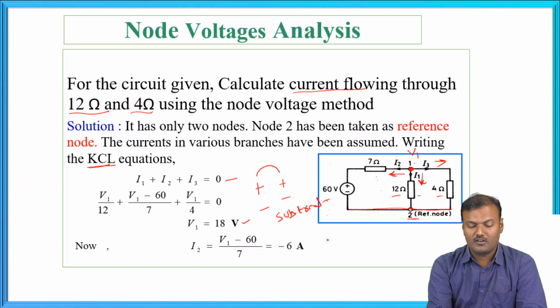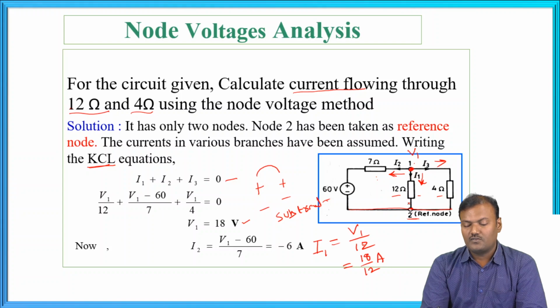So here the remaining currents are, one is I1, the voltage obtained V1 divided by 12 ohms. V1 is 18 volts divided by 12. So this is the current flowing through 12 ohms.